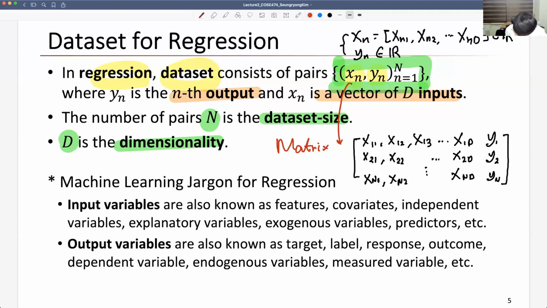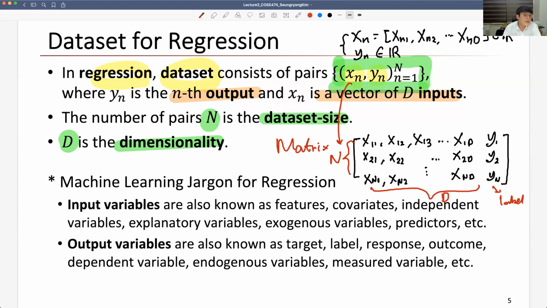Here the row axis means the number of samples, and the column axis represents the feature dimension with the label. So this is a formal representation of the data set for the regression problem.